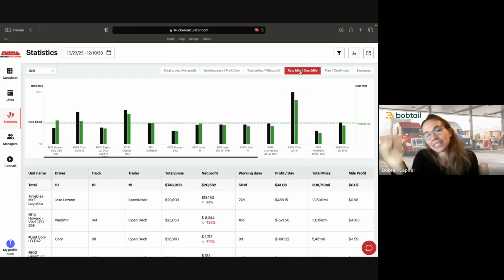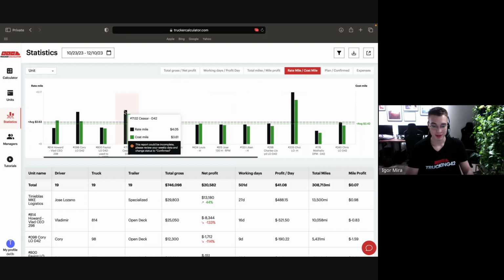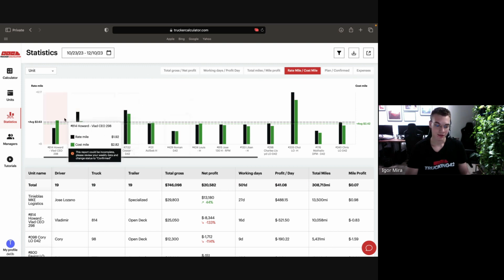We can also review the rate per mile and cost per mile comparison in statistics for this company. As you can tell, the left is the rate per mile and the right is the cost per mile. Right now we're comparing some trucks.